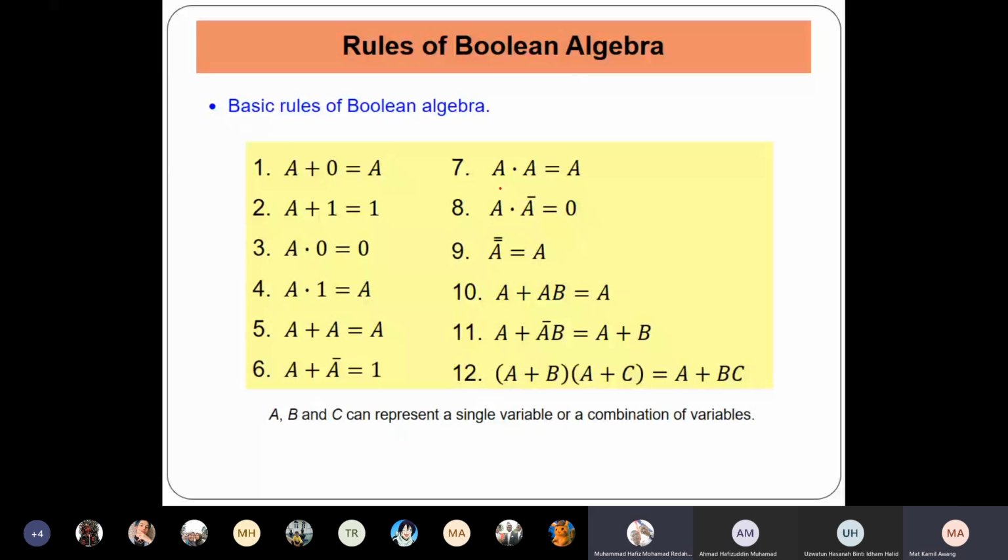Let's say A is 0, then A bar is 1. Anything AND with a 0 is 0. If A is 1, A bar is 0. Anything AND with a 0 is 0. So basically number 8 uses rule number 3.